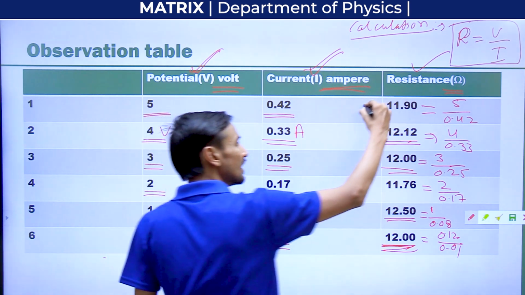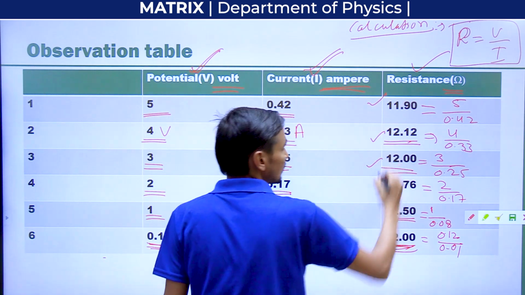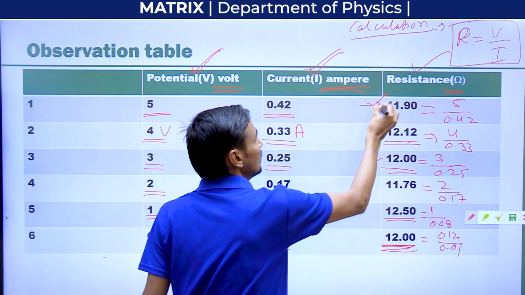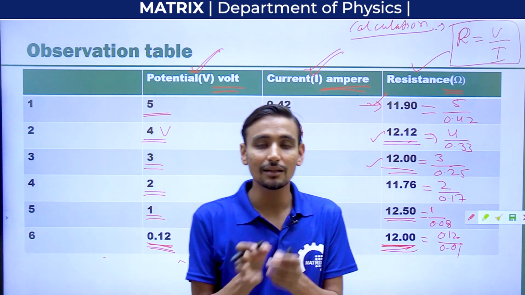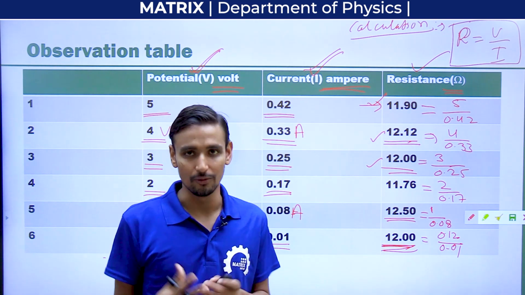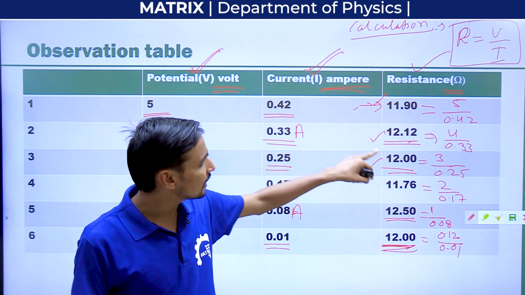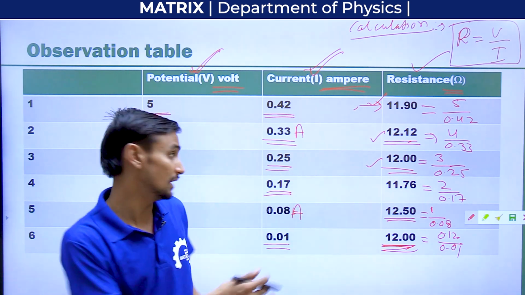Here you can see there are some deviations from exactly 12 ohm. In a physical experiment there are some errors done by human beings, so there will be some deflection in the values of resistance in each case.